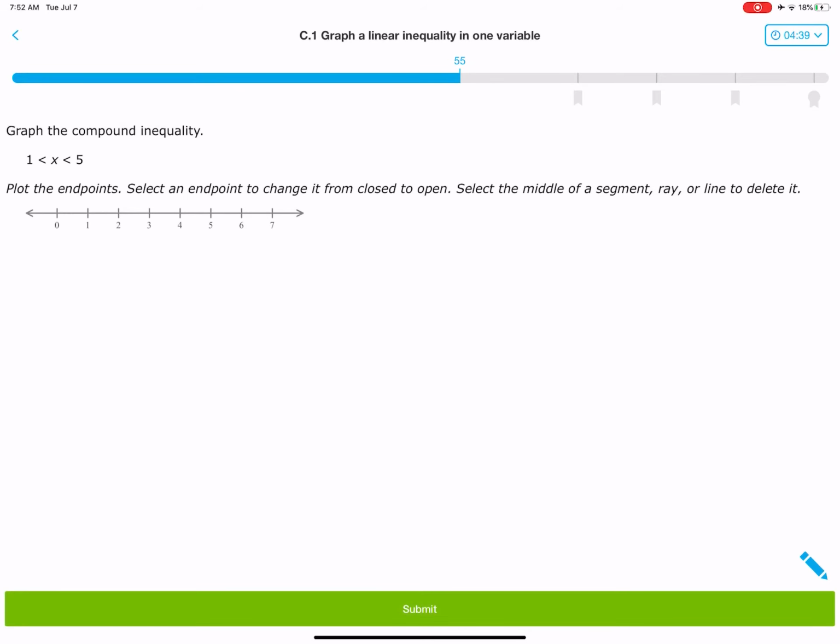Okay? And this is the same kind of deal between 1 and 5. And they're both open circles. Okay, between 6 and 7, but one of them is filled in and one of them isn't.